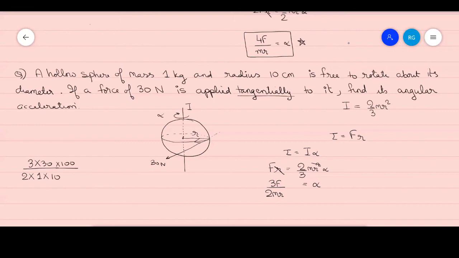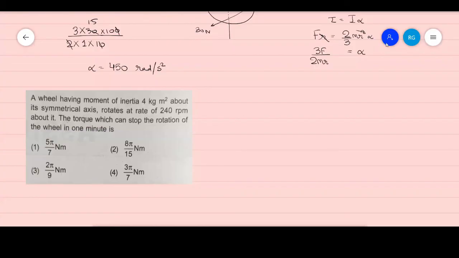So centimeter, when we divide by 100, we get it in meters. So this will give us 15 into 3 is 45, and 450. So alpha will be 450 radian per second square.